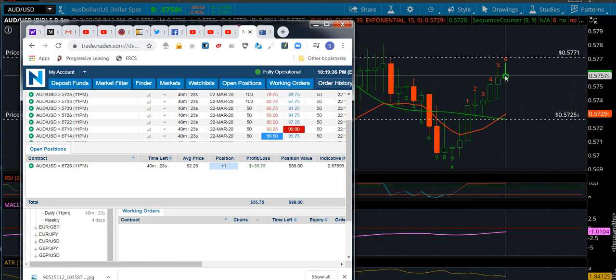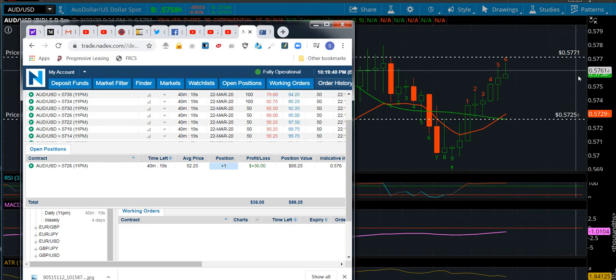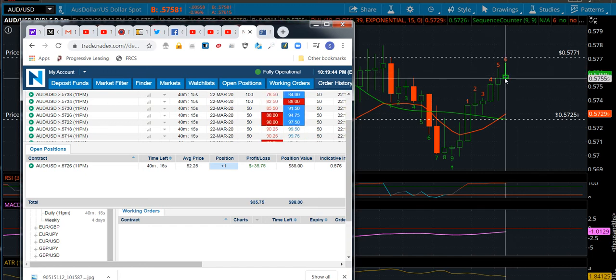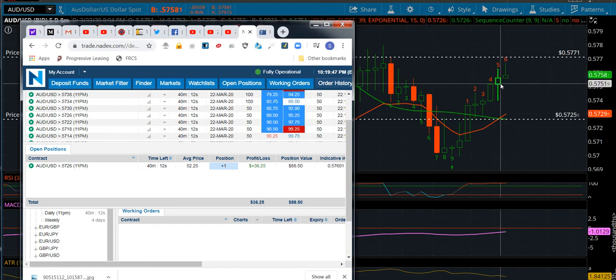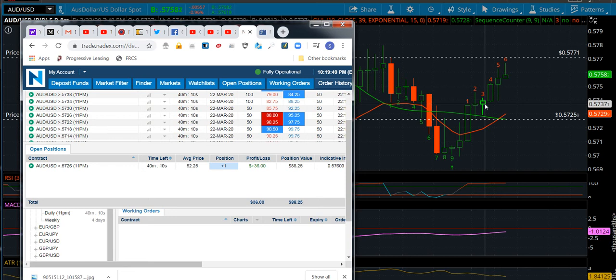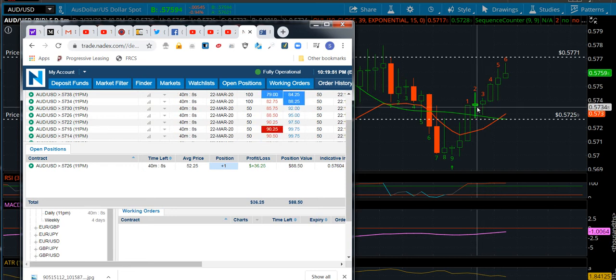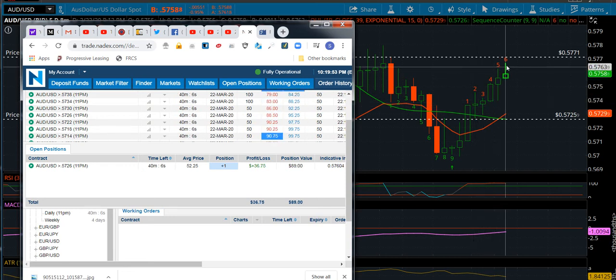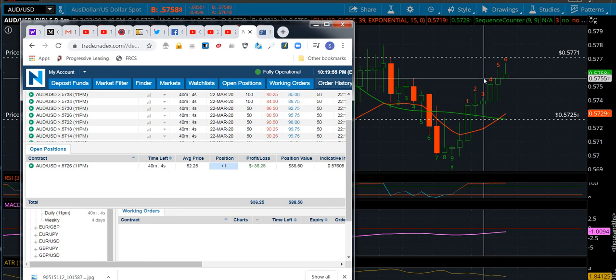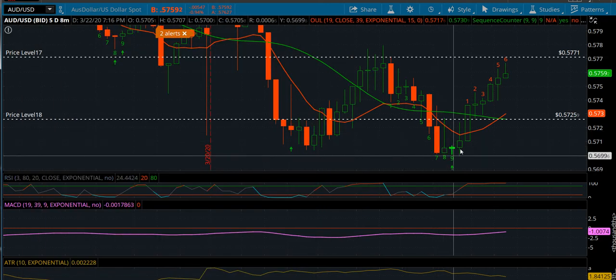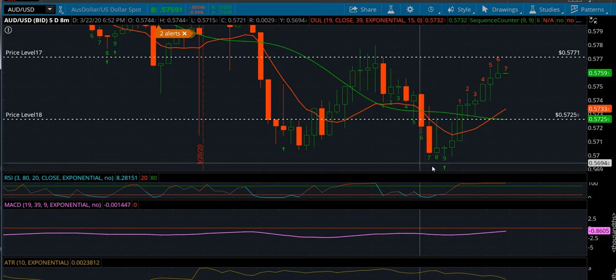If, say, price starts going sideways, if before the 9 count is complete a bar closes below the close of 4 bars earlier, these numbers will go away. But right now, the only number I was really concerned about was down here, wasn't it?